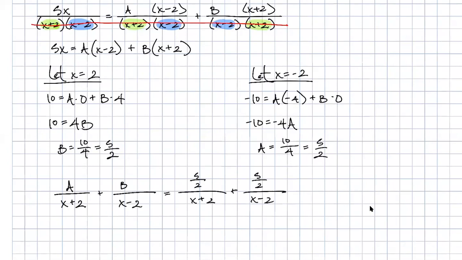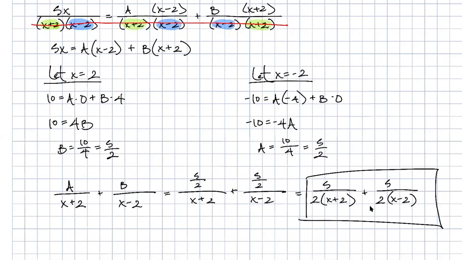But we generally don't like to have a fraction within a fraction. So what we do is we say 5 over 2 times x plus 2 plus 5 over 2 times x minus 2. So that's what WebAssign is probably looking for when they say fully simplify. Okay.